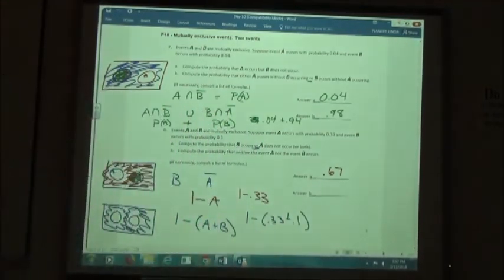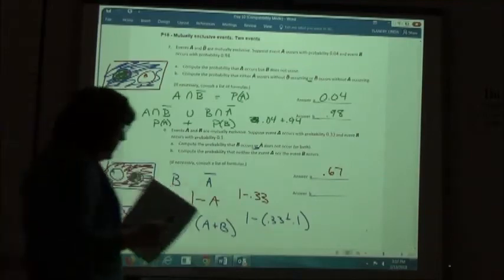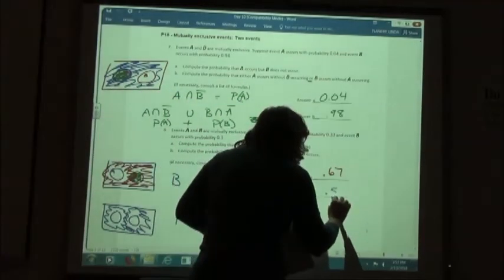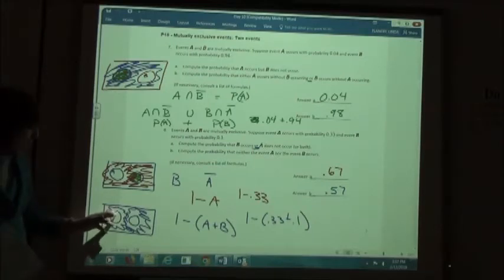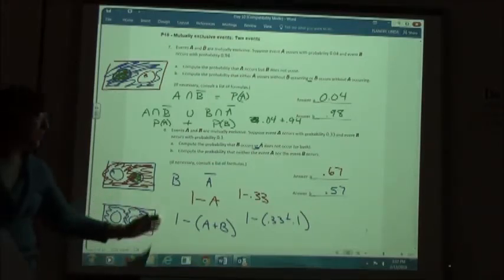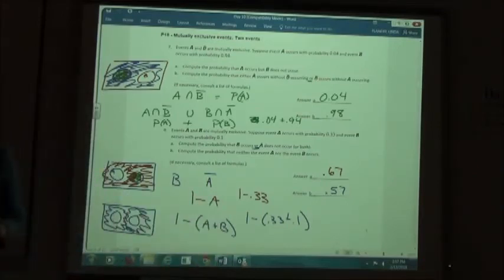Something like that. 1 minus 0.43 must give us 0.57. So neither A nor B means everything but A or B. So I do 1 minus A plus B. Gives me the stuff that are not in A and B.